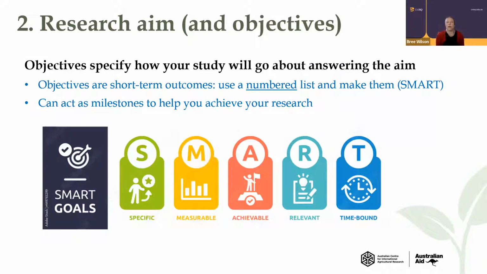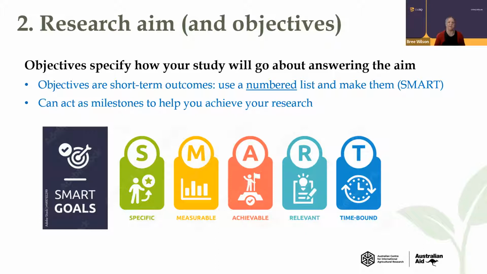Continuing on from aims and objectives, your objectives specify how your study will go about answering the aim. Objectives are short-term outcomes, and it's easy to make a numbered list of your objectives. Throughout your study, you might have 3 or 4 or more, but you do need to make them SMART.